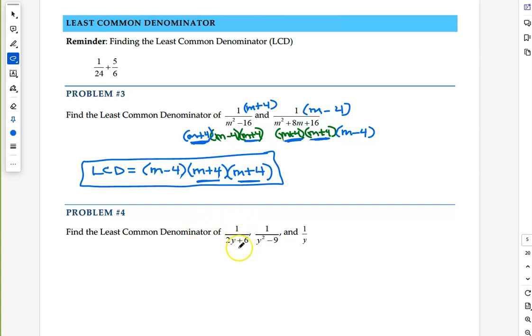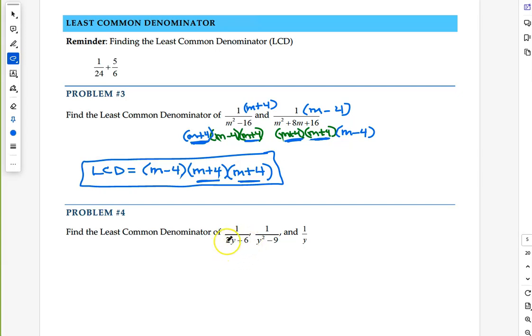Okay, and on this other one, let's look at this one as well. I want to make sure that you see that sometimes when you're factoring the denominator, all you can do is take out a greatest common factor. And remember, that's the first thing you should always look for when factoring, because it's going to make the rest of the factoring easier.